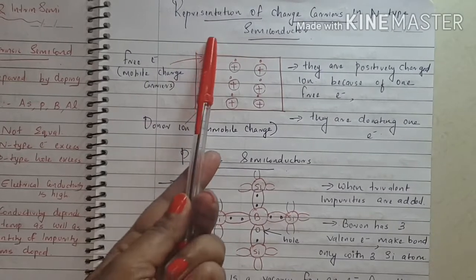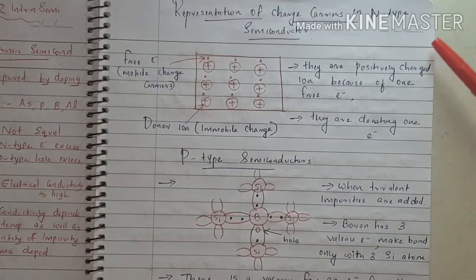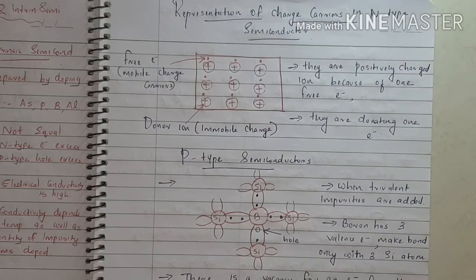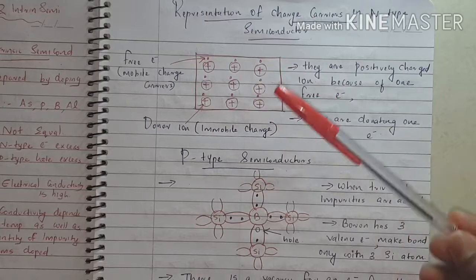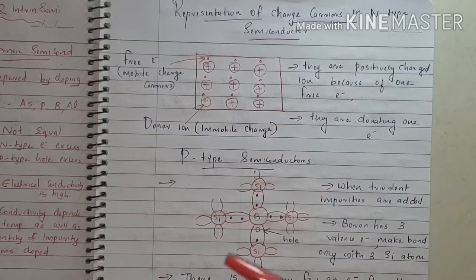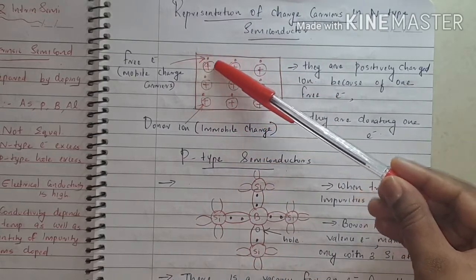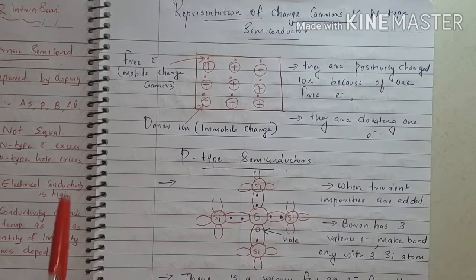Here is the representation of charge carriers in N-type semiconductor. Since the impurity added to the structure always donates an extra electron, it is called a donor ion, which is immobile. What is it donating? An extra free electron, which is a mobile charge carrier.